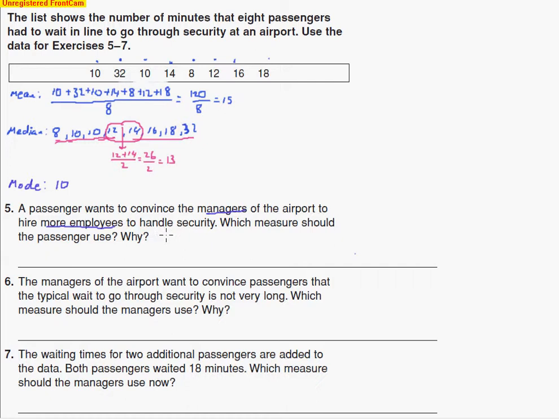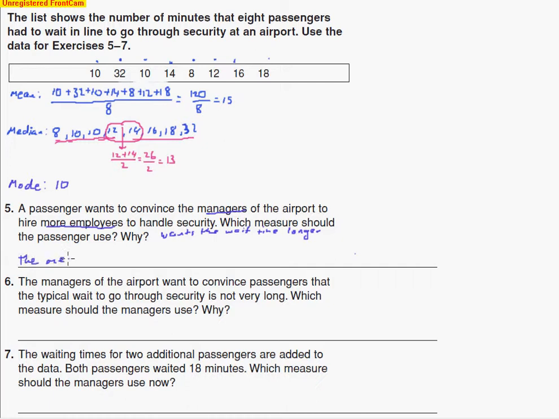So the passenger wants the wait time longer. And so let's look for which one's the longer wait time. 15 minutes, 13 minutes, 10 minutes. So the passenger would end up wanting to use the mean.